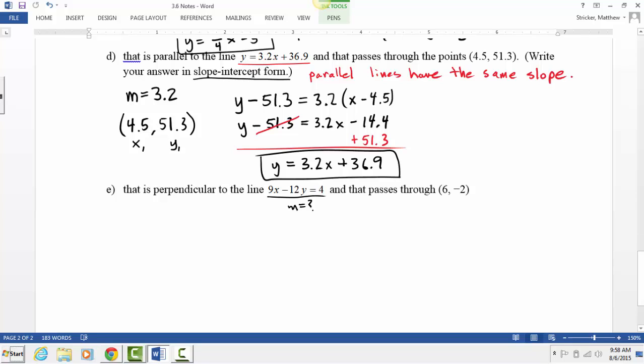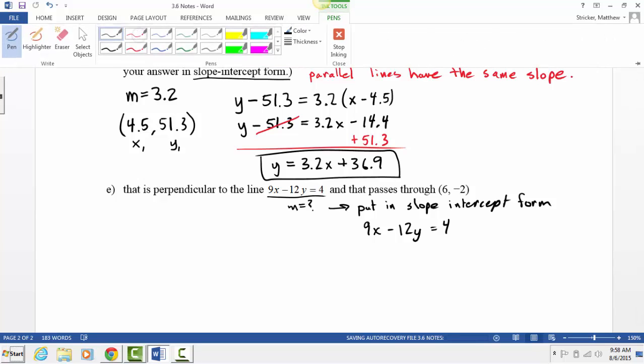We need to take that line and put it in slope-intercept form, so we can tell what m is, because right now we have no idea what m is. So if I take 9x minus 12y equals 4, it's a good thing we know how to solve for y, right?